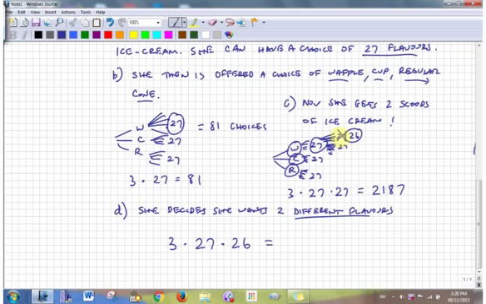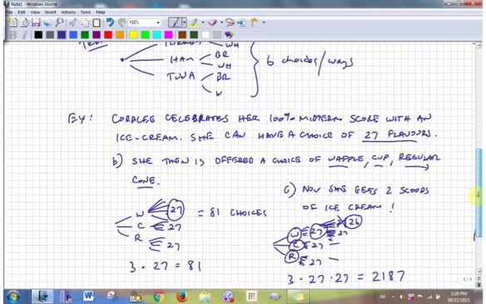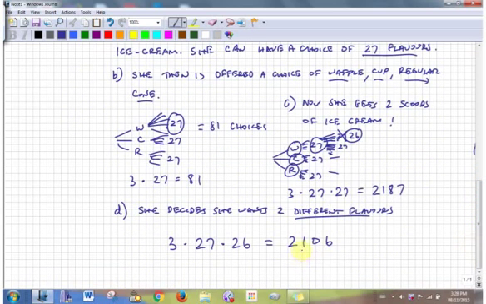If I subtract a 27 3 times, that's going to be 81 less flavors, or if I go 3 times 27 times 26, I now get 2,106 ways I could get that ice cream. Or sorry, Coralie could get that ice cream. 2,106 choices. And yes, that's 81 choices less than this. Okay?